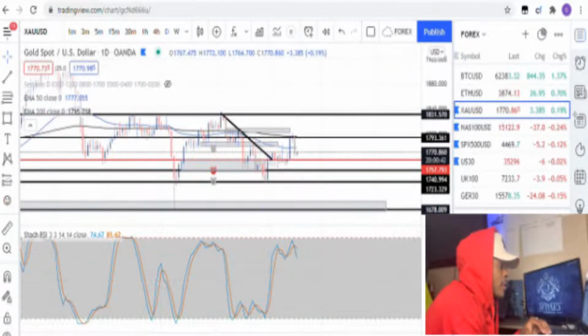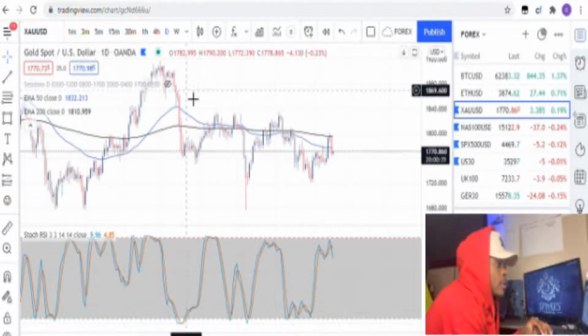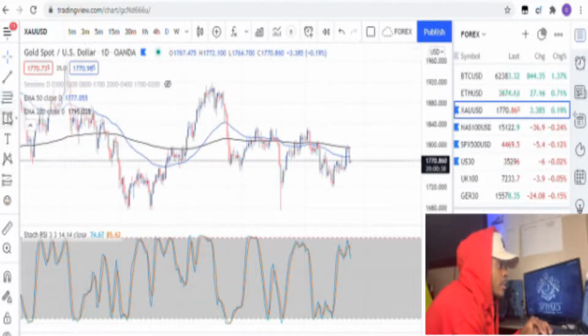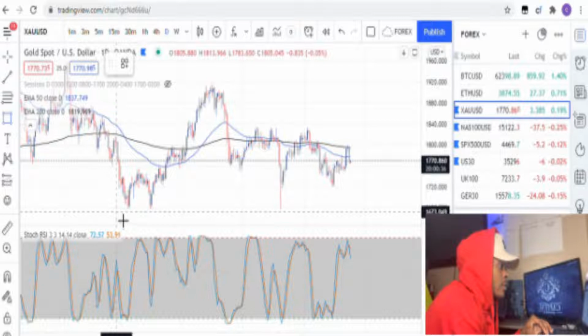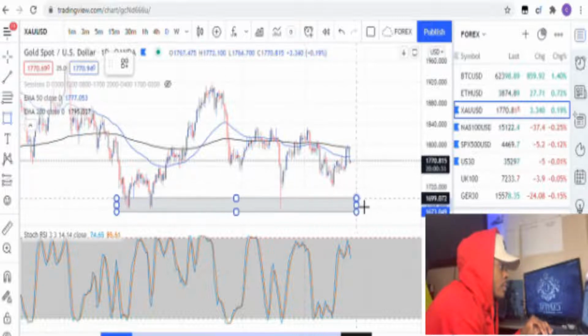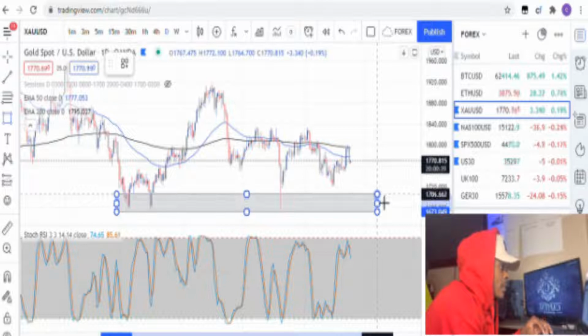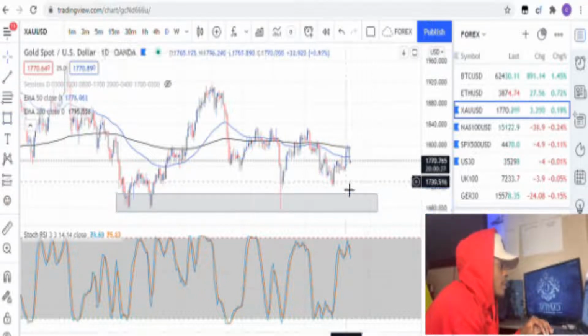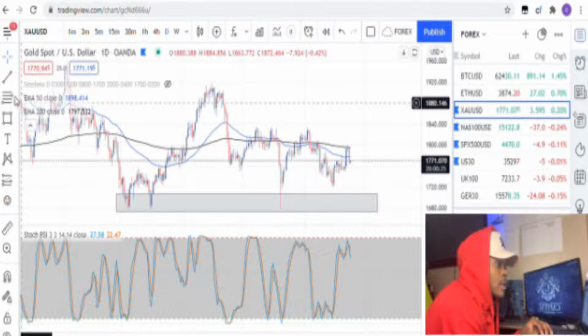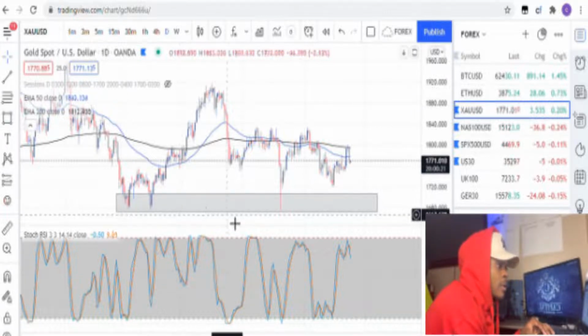So now let's move on to gold. I have a structure level right here. I'll spread this out. So I've got a structure level demand zone right here. Also, that's where liquidity is in the market.